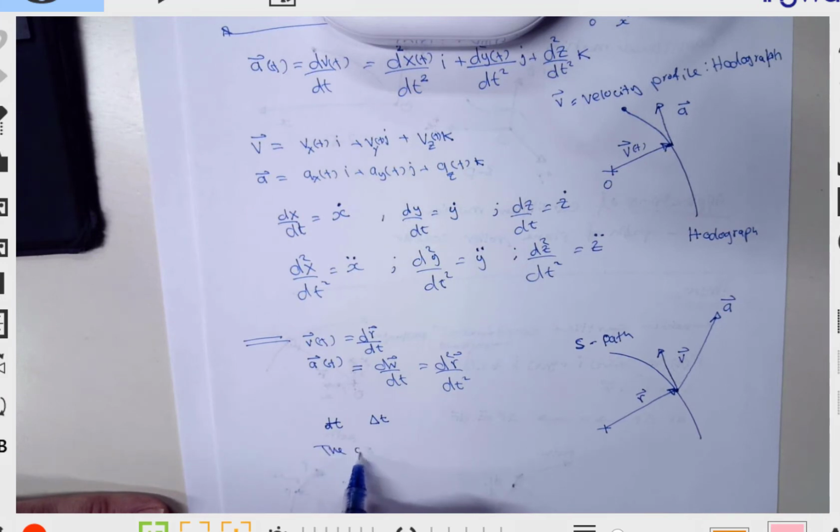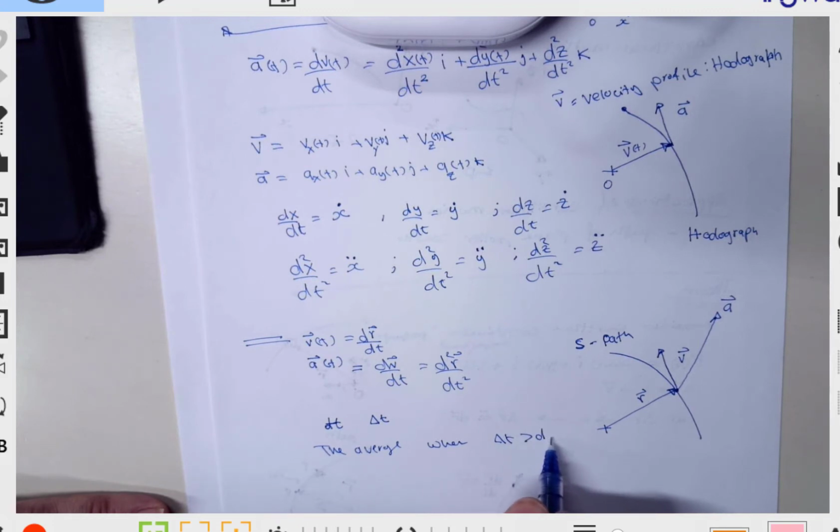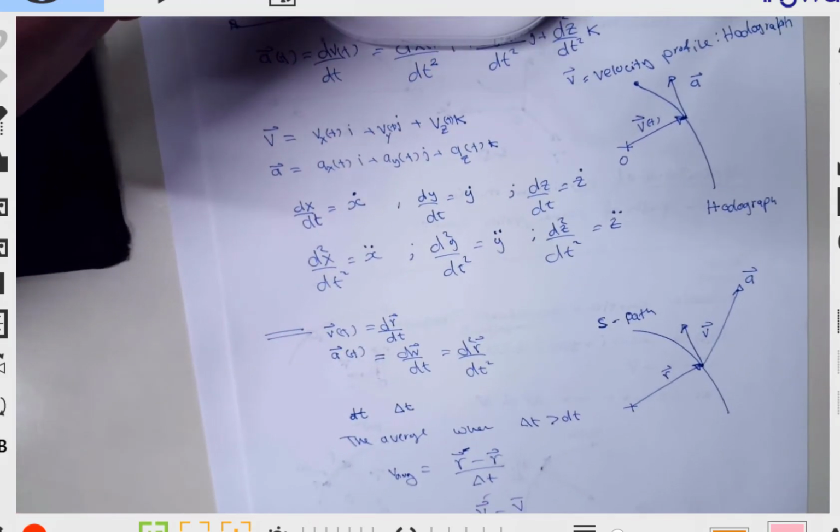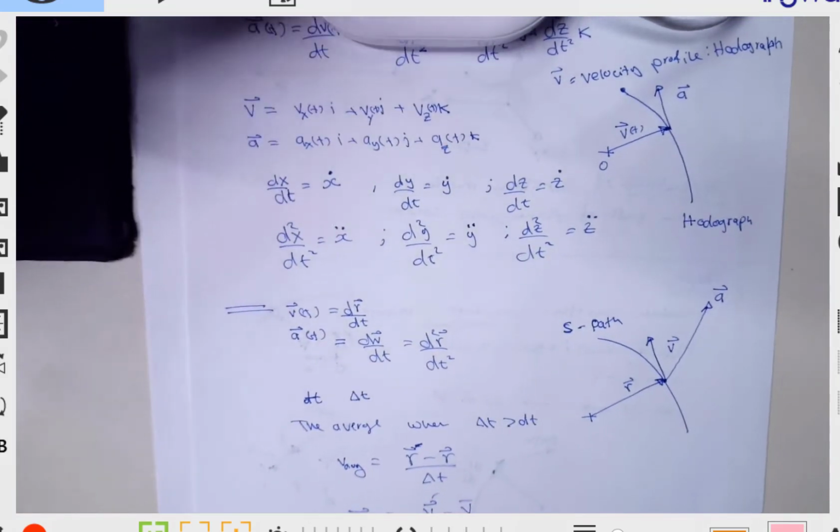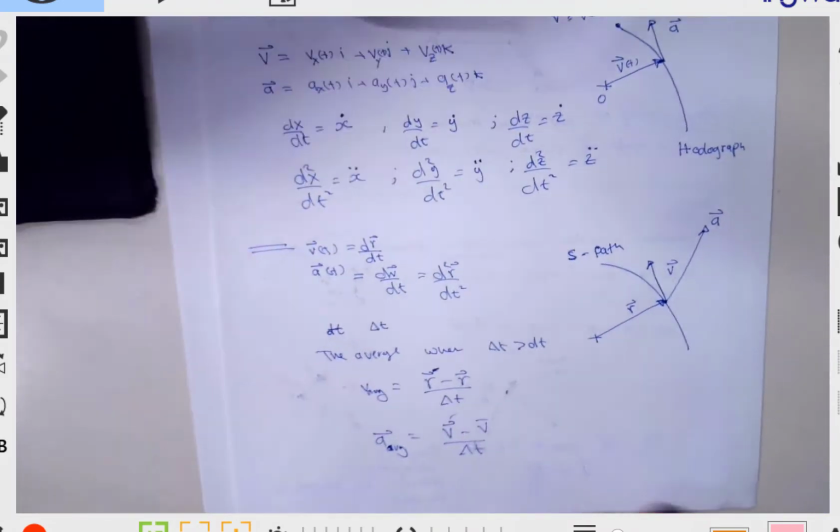So the average is when delta t is not a small time, and then we can say v average equals r prime minus r over delta t, and these are also vectors, and the average acceleration is equal to velocity after minus velocity before over delta t, right? So that's given and known. I think I don't need to reiterate that.